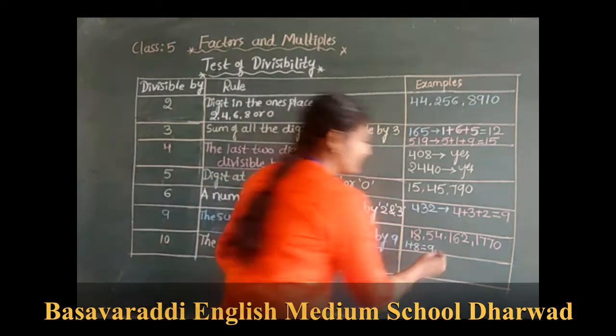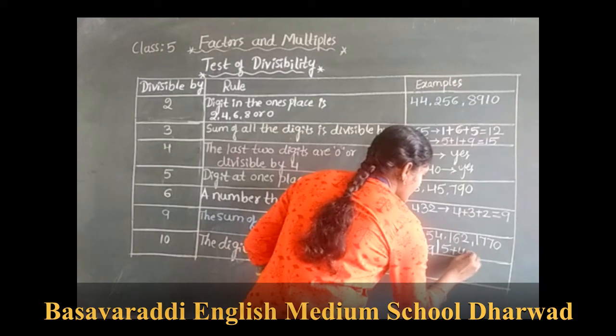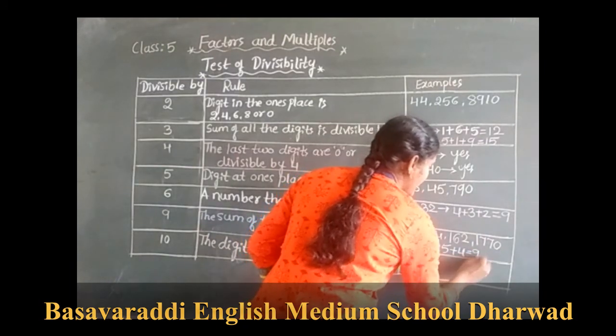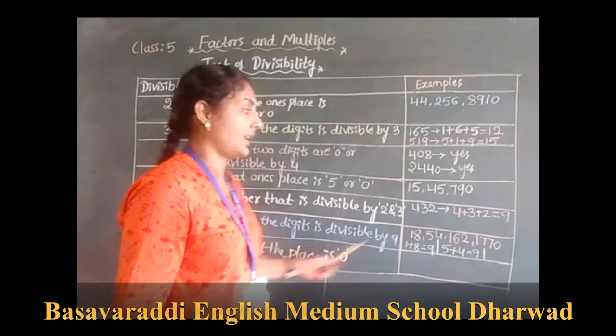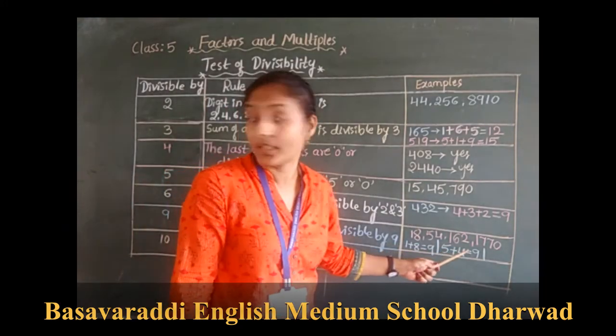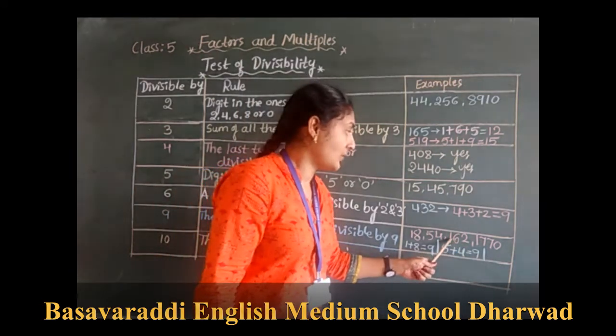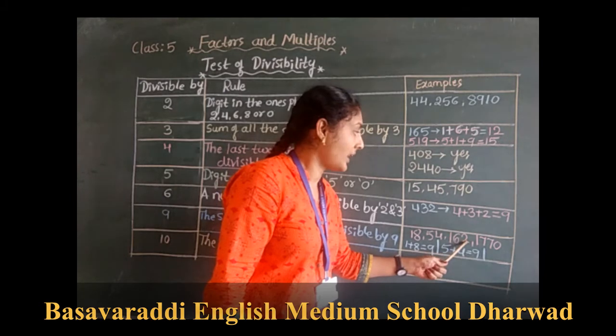Next, 54. 5 plus 4 is 9 again. The 9 is divisible by 9. 9 ones are 9. So next, 162. 1 plus 6 plus 2, we get 9.